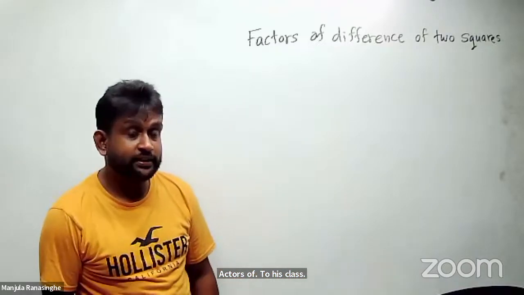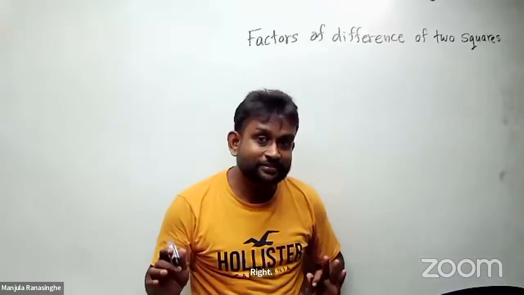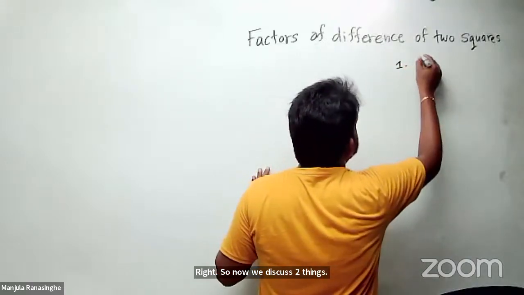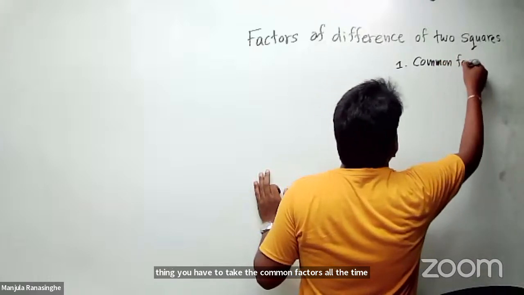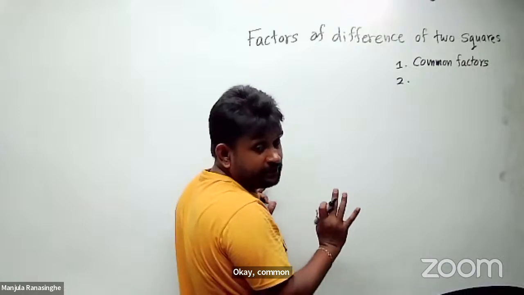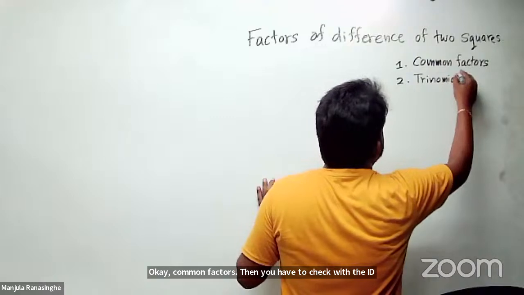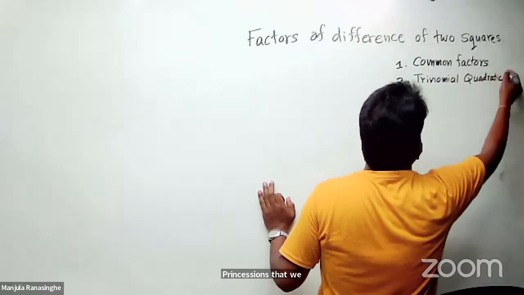Right, pay attention to this too. So now we discuss two things for factorizing. First thing, you have to take the common factors all the time. Check with common factors. Then you have to check whether it is a trinomial quadratic expression, that we discussed previously.